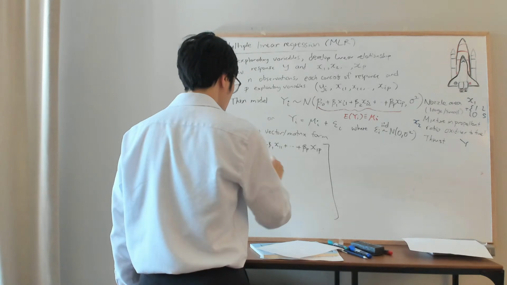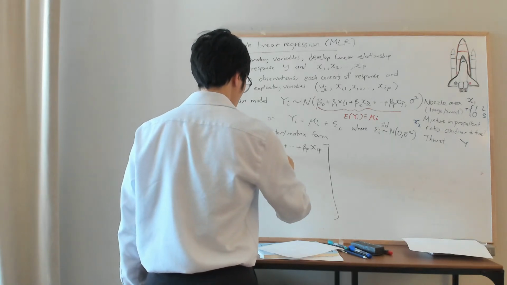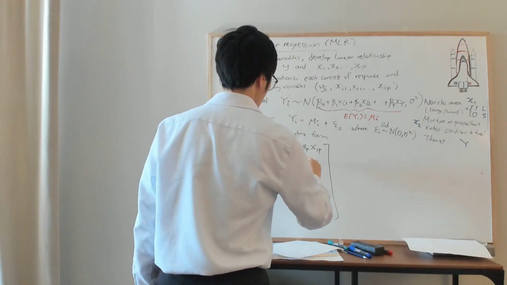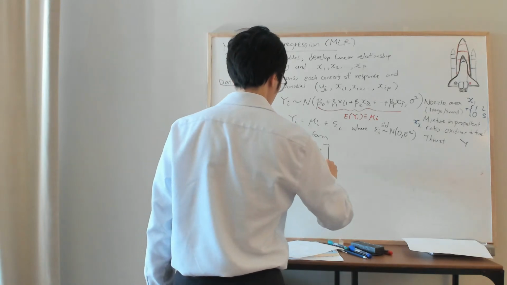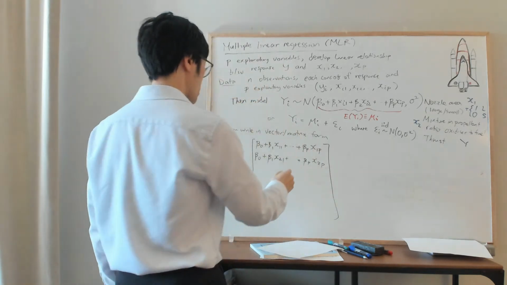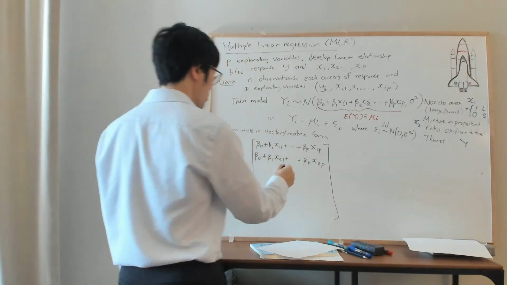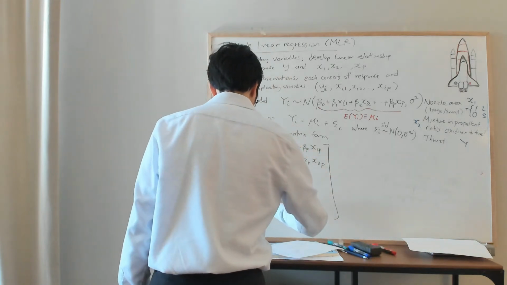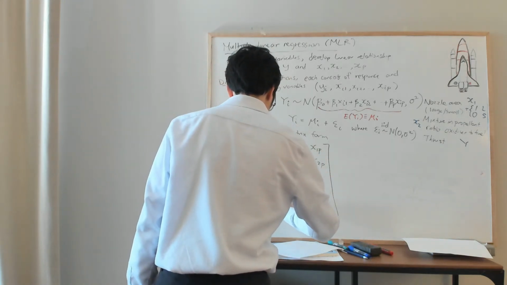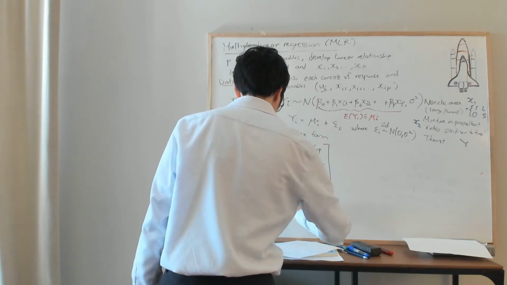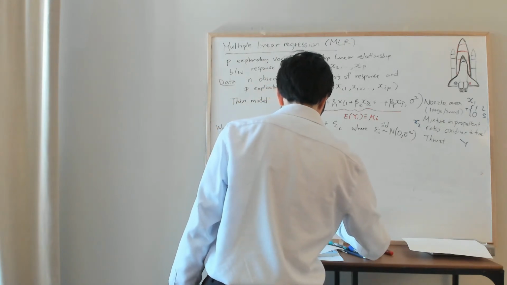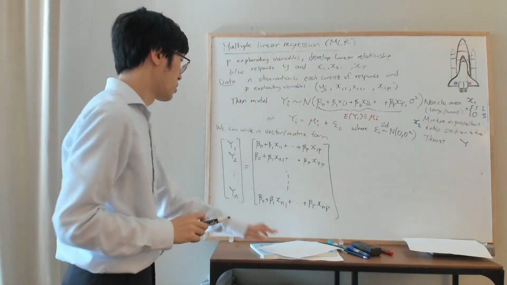I'll write the next one as well: beta 0 plus beta 1 x21, because this is the second observation, up to beta p x2p. I can do this for each of the rows. The last one is beta 0 plus beta 1 times the nth observation's first x, up to beta p times the nth observation's pth predictor.